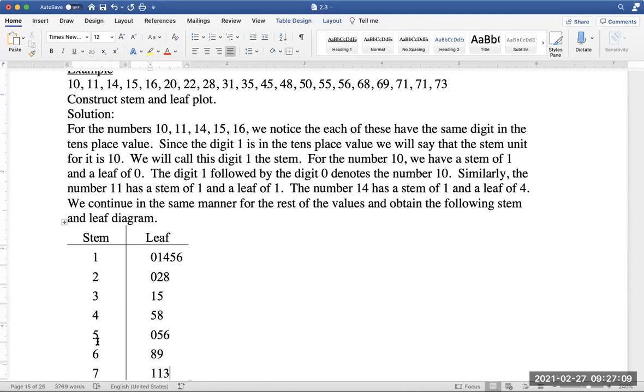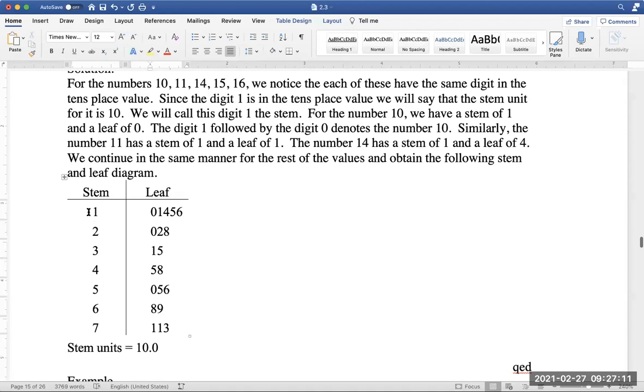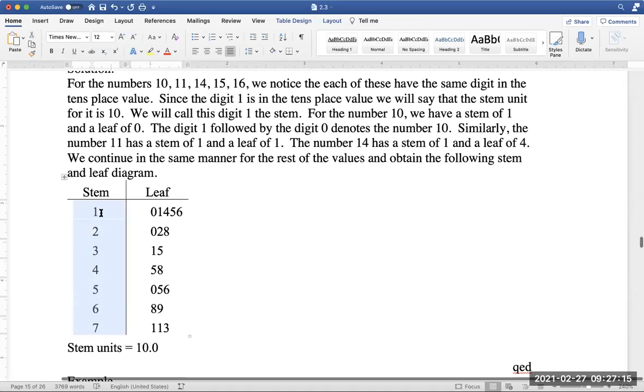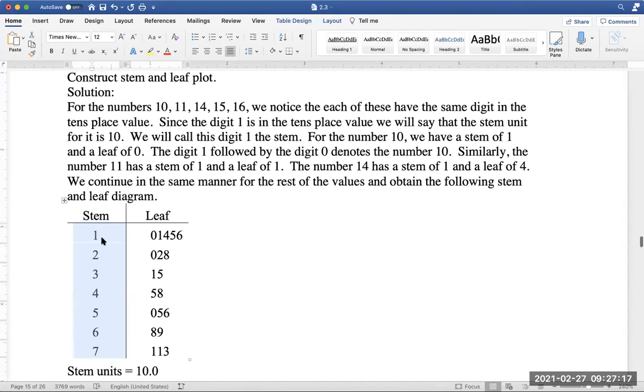When you write this down, you write down your stems, and these stems should be consecutive. There shouldn't be any gaps, and they should be in order, from smallest to largest. Next, your leaves should also be sorted: 0, 1, 4, 5, 6.